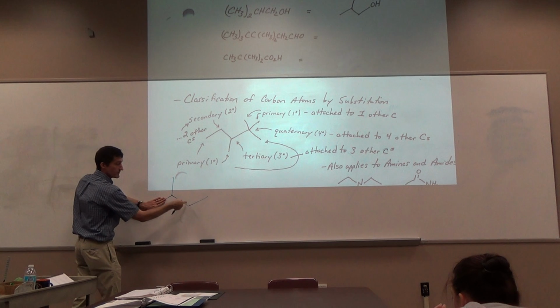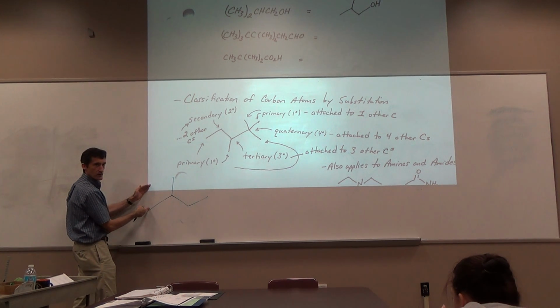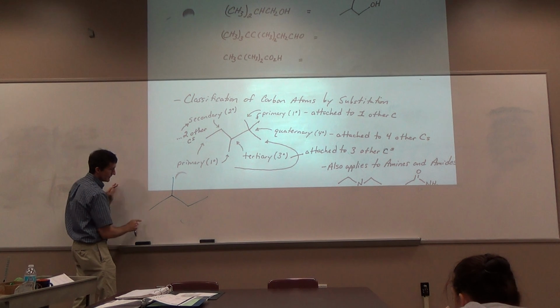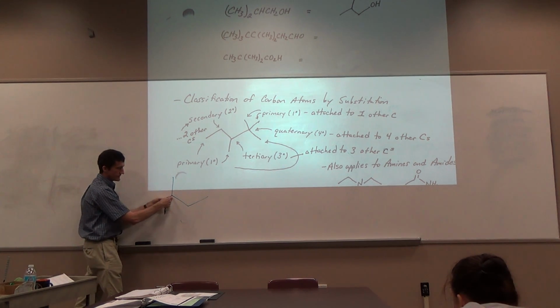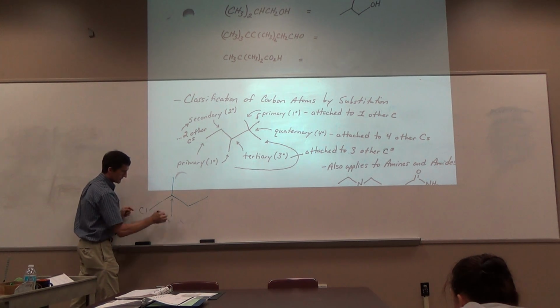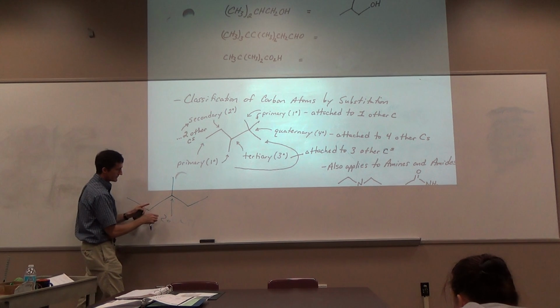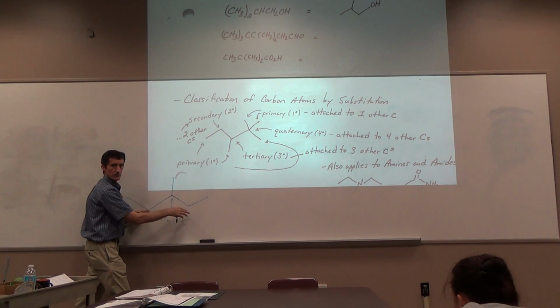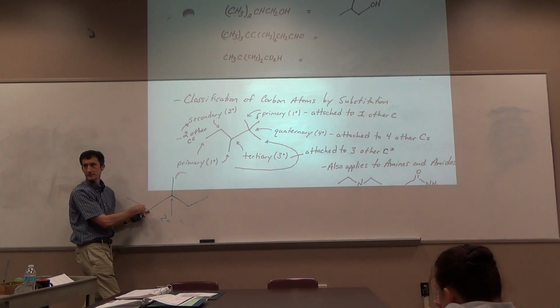It's bonded to two carbons. See, that's assuming that's not a carbon over here. It's a chlorine. If it's a chlorine, that's clearly a secondary carbon. Now, if this is a carbon over here like this, somebody still may call that a sec-butyl. But it's officially not. It's officially a tertiary carbon.